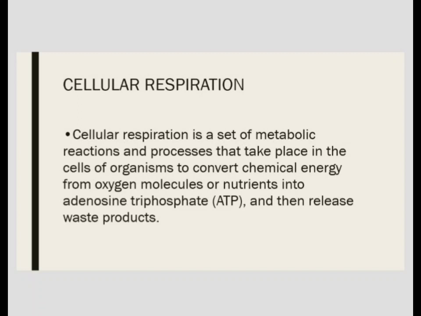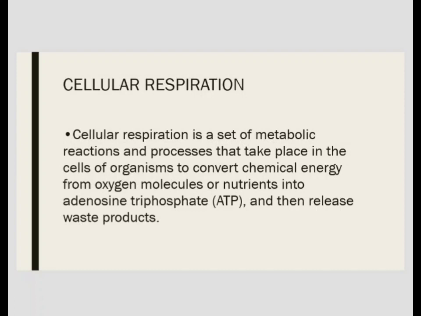Cellular respiration is a set of metabolic reactions and processes that take place in the cells of organisms to convert chemical energy from oxygen molecules or nutrients into adenosine triphosphate and then release waste products.